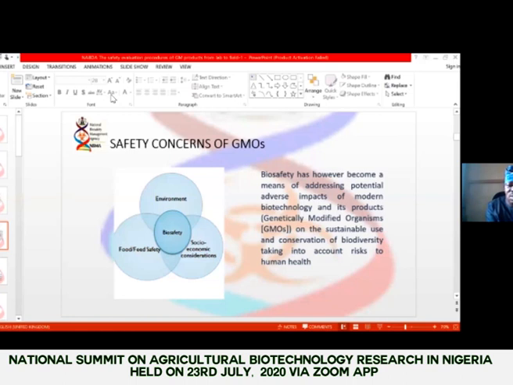The socioeconomic considerations are normally done towards the end of the decision-making process to decide whether these products will have any socioeconomic negative consequences. Will our farmers lose when they adopt and use these products? Will our international partners not trade with us again? And so on and so forth.